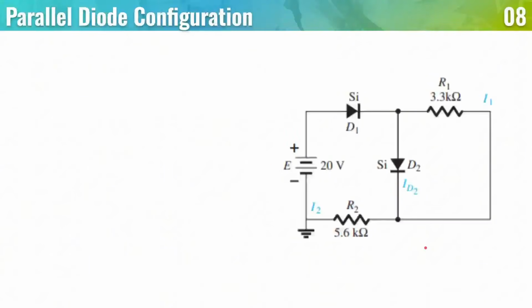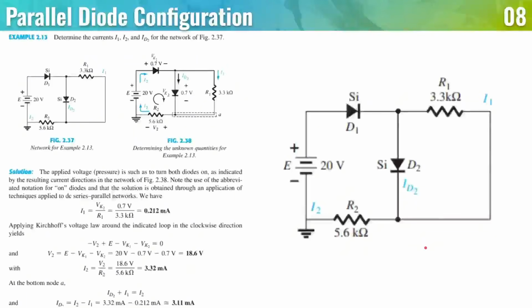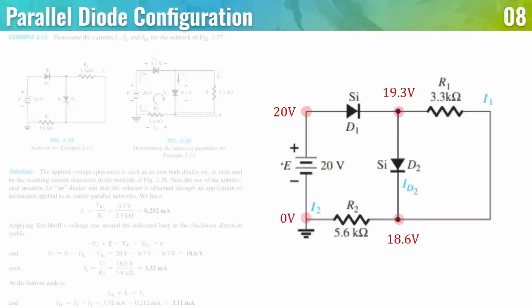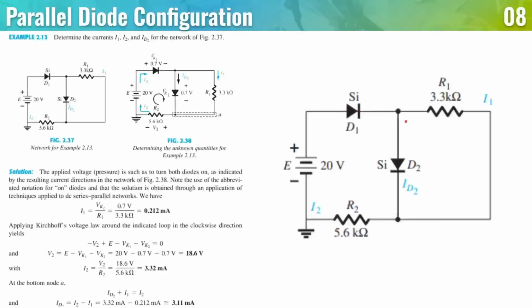So for this parallel diode configuration example, here are our node voltages. We start at the ground, which is 0 volts, and then across this voltage source, the other side is going to be 20 volts. We also have a silicon diode here, and to determine if it is on or off, let's check the direction of the current.